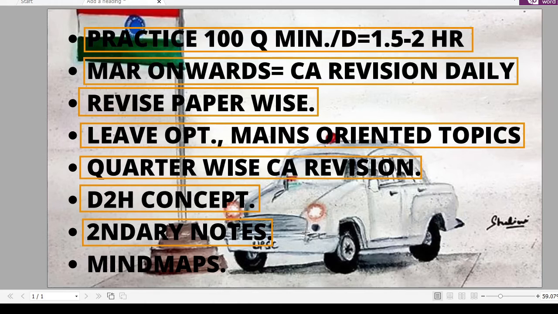We convert the paragraphs into small points so that we can easily remember them and easily revise them during the exam. This is the purpose of secondary notes, I feel. So you should try secondary notes, and I feel it will be helpful to you. For those who don't understand, secondary notes means making a note from your note itself, a second note from the first note you made from the book or any material.